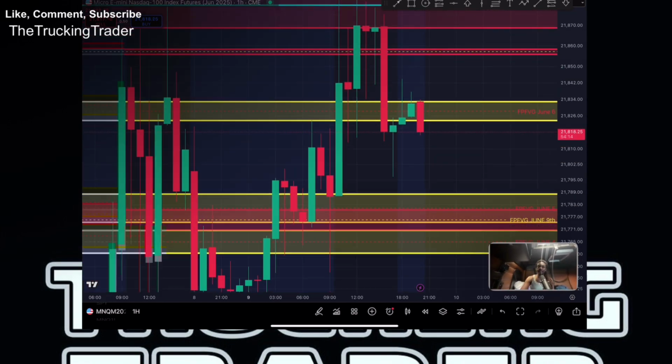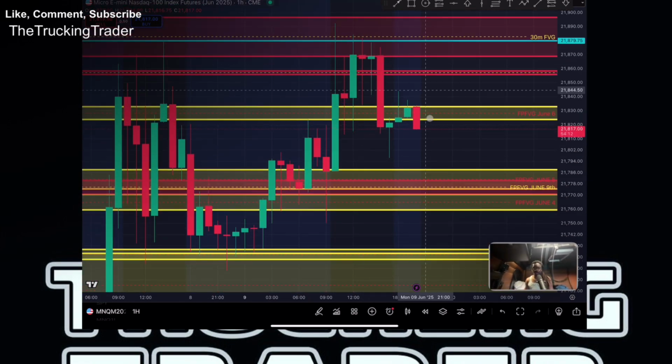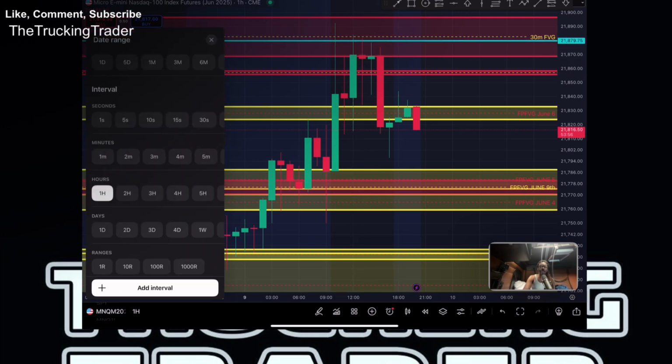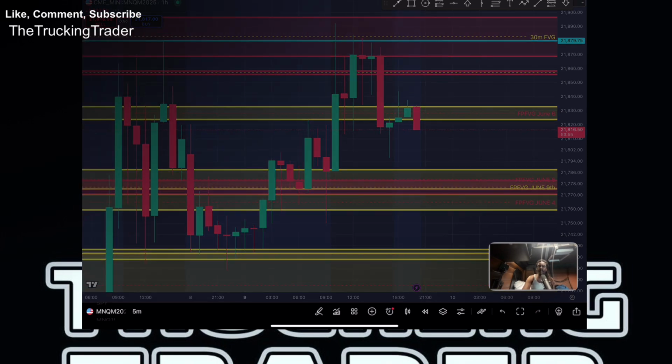So after all of this happened, we're back on the hourly time frame, mind you. That was on a 1 minute. That was this little run down here that I showed you guys, and it came all the way back up. So now we are in the 30-minute time frame. I took a sell from here, and then on the 5 minute, I'm going to show you guys how it looks.